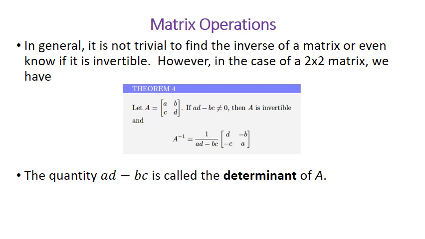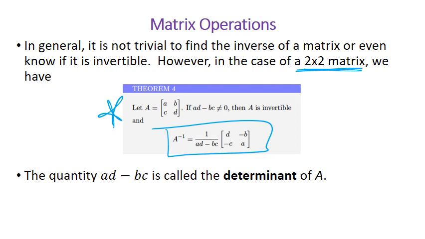Sometimes we will want to find the inverse for a 2 by 2 matrix. And there is a simple formula here which is stated in Theorem 4. So if you want to find the inverse of a 2 by 2 matrix, this is the formula you will use. Now, here's basically what is happening.